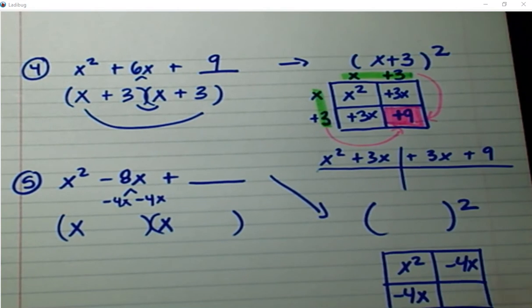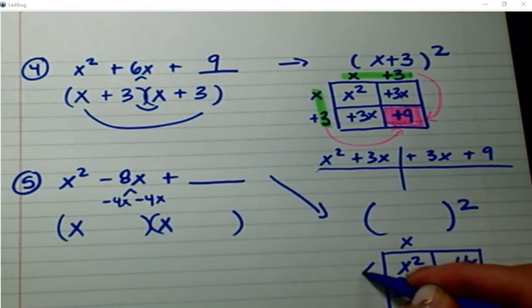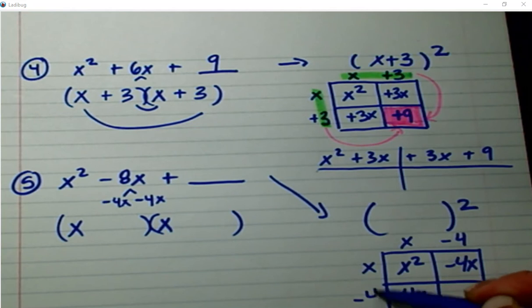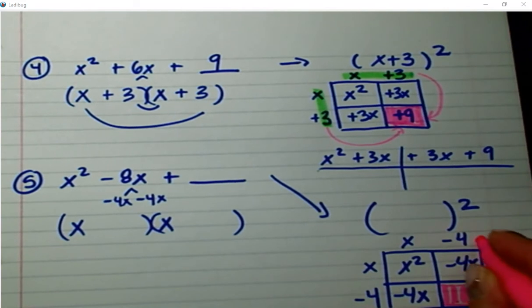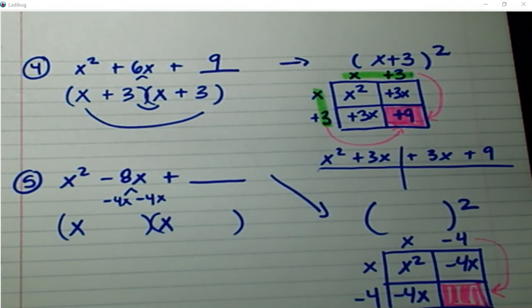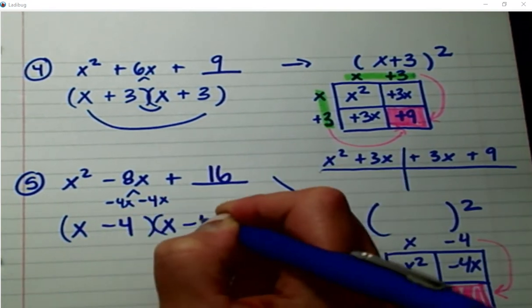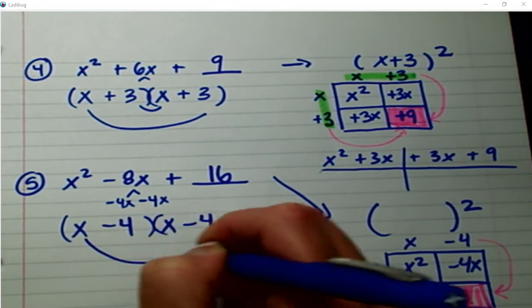And I consider my Punnett square, so x times x. The missing blank, positive 16. Oh, that works.